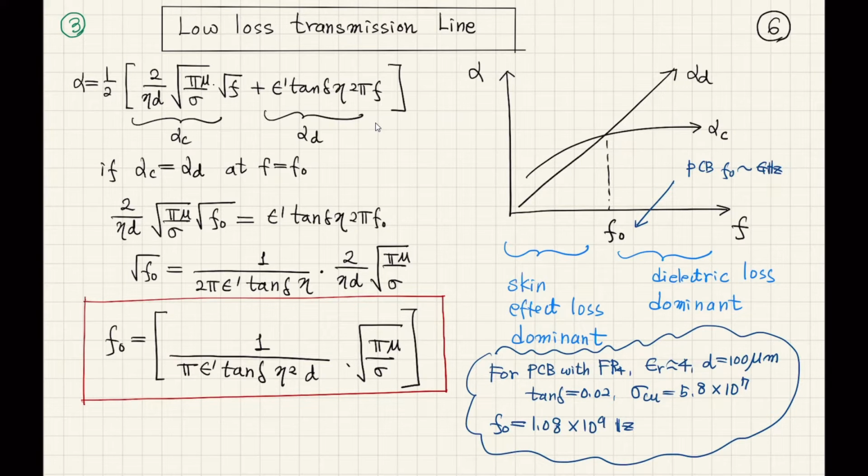As I discussed in the previous slide, we have a conductor loss term that is proportional to the square root of frequency, and a second term that is proportional to the frequency, the dielectric loss.